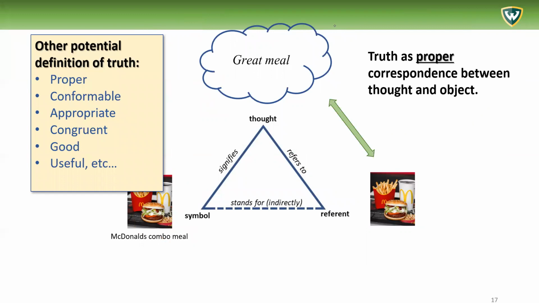Other issues here: we're sticking with this notion of reliability and validity, but there are other potential definitions of truth. You can say that the correspondence should be proper or conformable or appropriate or congruent. Some people even use good, although this has a reference to maybe more value judgments, or sentiments, or moral, useful, and so on.